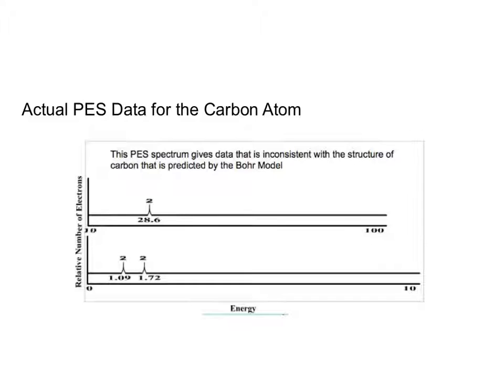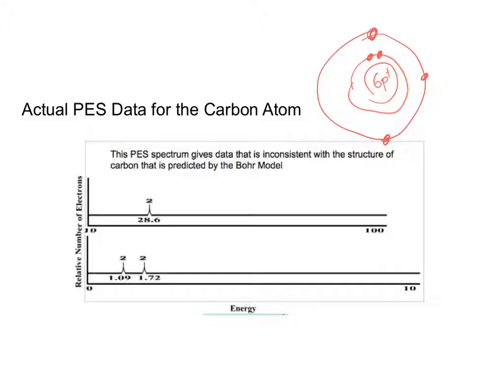Where carbon falls short is that if you draw a traditional Bohr model, there are 6 protons, so in the first energy level we would have the 2, just like we've done in the past, and then in the second energy level we would have the remaining electrons, 1, 2, 3, 4, which gives us our 6.